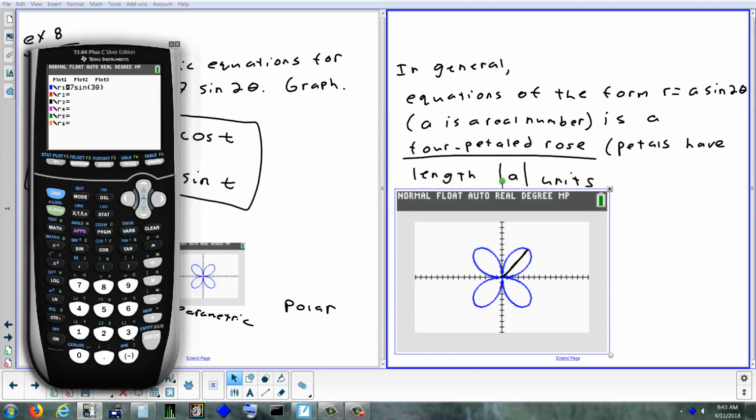Let's try this, 3 theta. Let me do one more and then see if we can make a slight refinement to what you just said. That's 5 theta. So can you slightly modify what you just said in order to predict the number of petals?